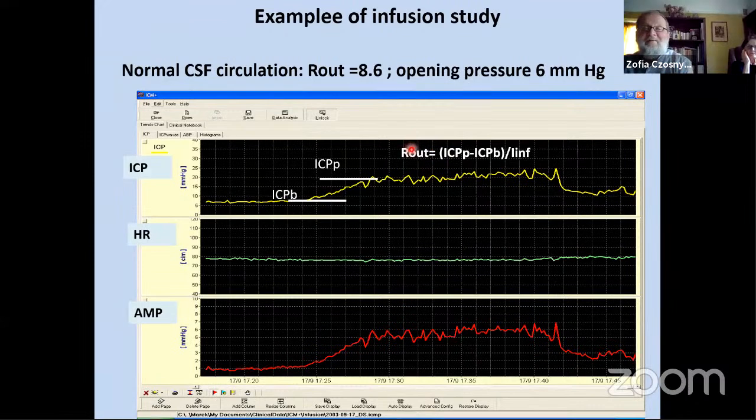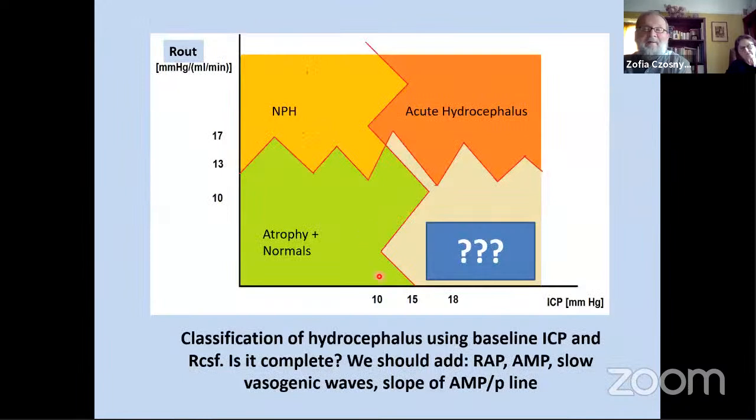Resistance to CSF outflow, under the very important assumption that sagittal sinus pressure is not changing during infusion until reaching plateau, is calculated as the plateau minus baseline divided by the infusion rate. Notably, the amplitude of the pulse waveform very nicely correlates with mean intracranial pressure. And then we have intracranial pressure and resistance to CSF outflow.